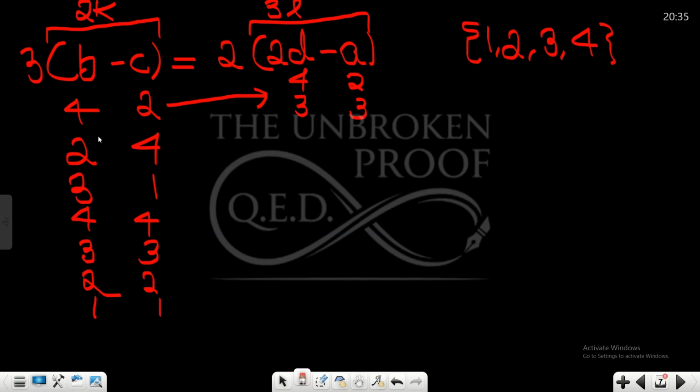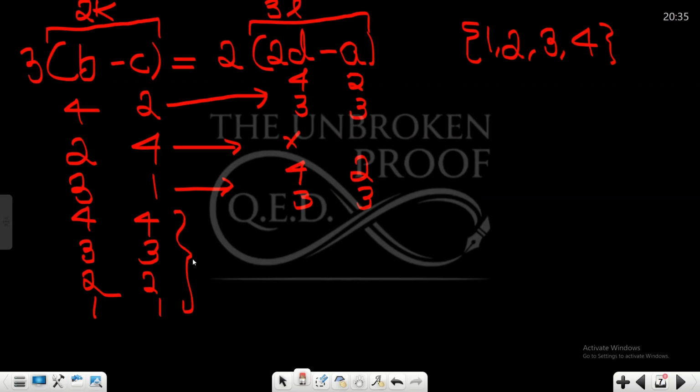Now if you see (2, 4), where b is 2 and c is 4, this will give minus 6, but here you will not get minus 3 because 2 is positive, so 2d minus a should be negative, and that is not possible. So here we will not have any element, and here also we will have something like (4, 2) and (3, 3) because the same 6 will appear over here. So here also we will get (4, 2) and (3, 3).